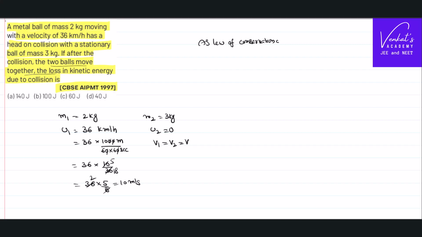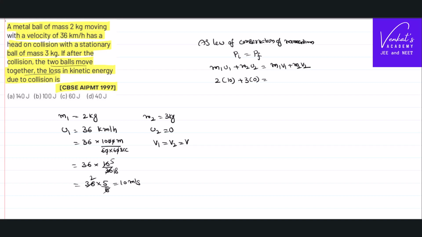The law of conservation of momentum says that when no external force is acting, the initial momentum of the system is equal to the final momentum. Initial momentum means m1 u1 plus m2 u2. Final momentum equals m1 v1 plus m2 v2. m1 is 2, u1 is 10, m2 is 3, but u2 equals 0.